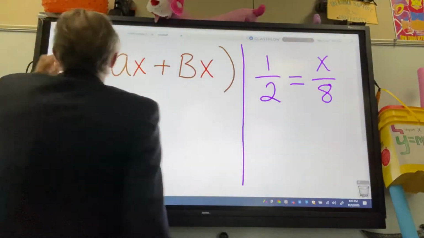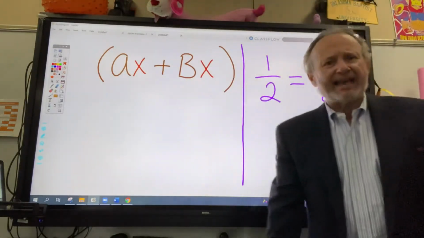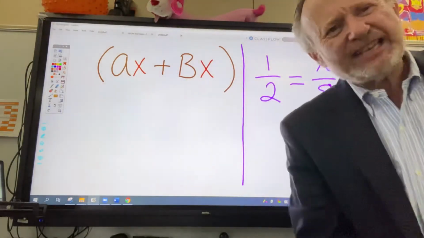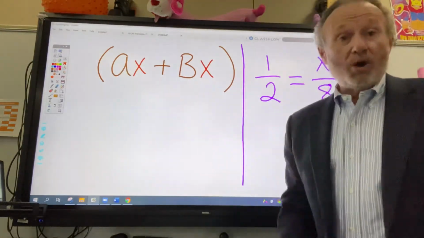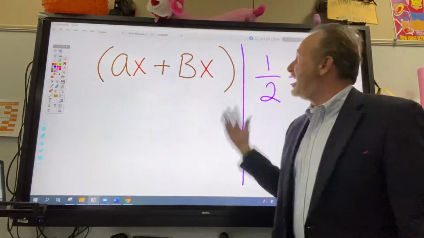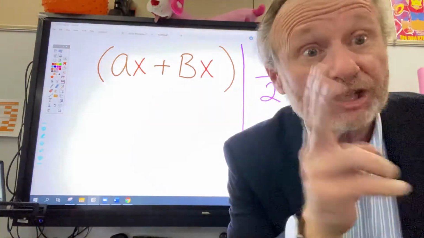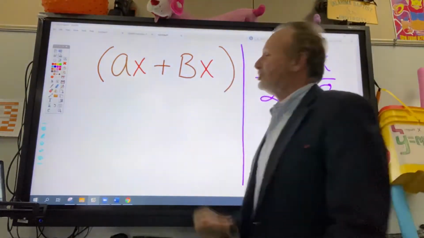Couple more problems I want to do. Now look at this, ax and bx. All right, is there anything that I can divide out of that, pull out of that? The word is factor out. Is there something I can factor out of ax and bx? Well, I'm looking for the twins. The same thing on both terms. That's term 1, that's term 2.